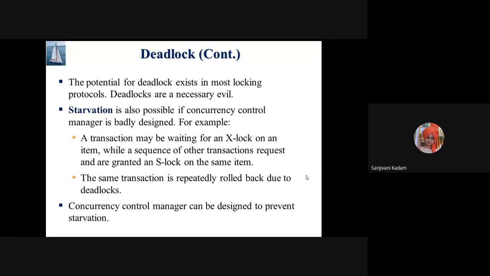There is also one more possibility in locking protocols: starvation may occur. If any transaction is holding a shared lock, another transaction can request a shared lock and the request will be granted. Consider that T2 is holding a shared lock on A and T1 is waiting for an exclusive lock on A. An exclusive lock will not be granted along with a shared lock.